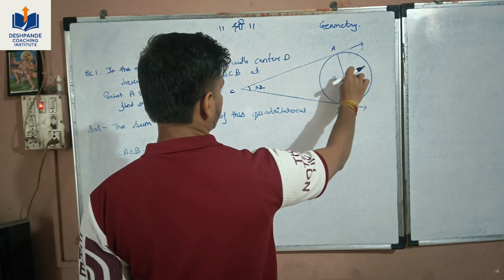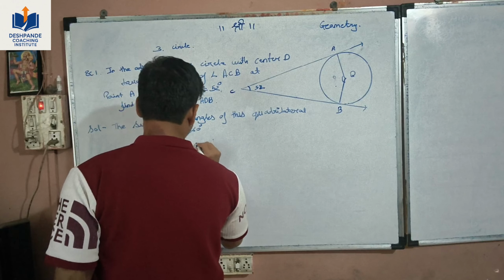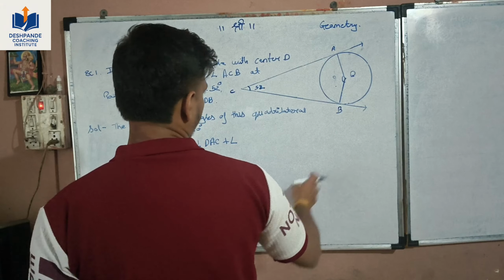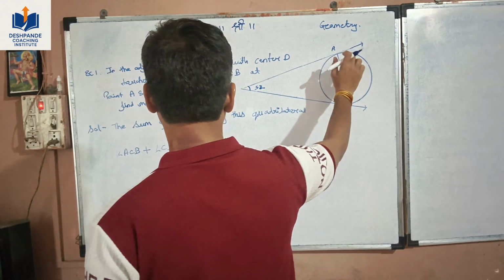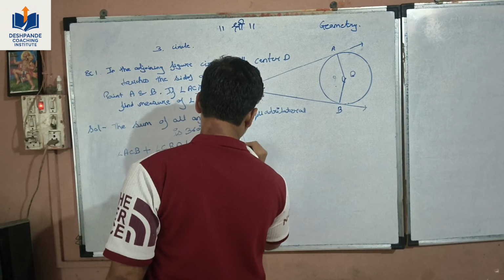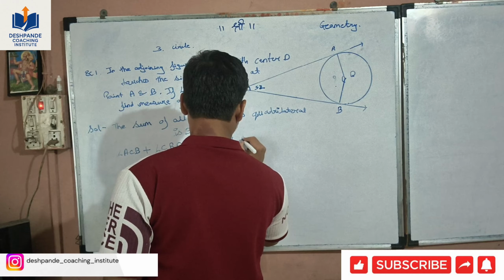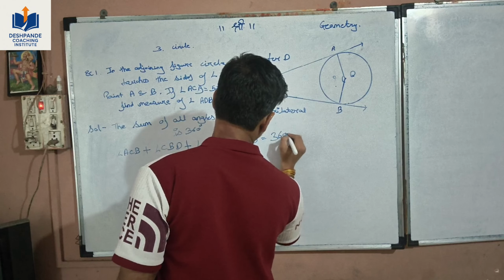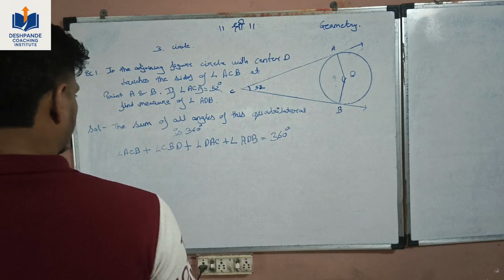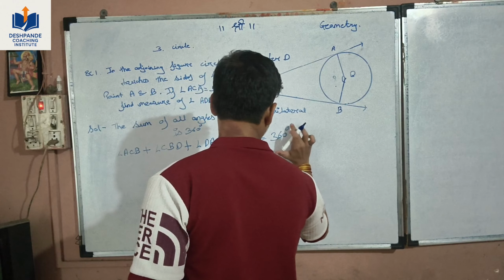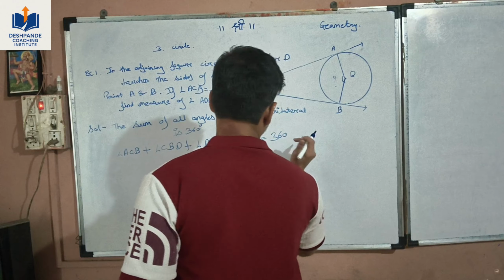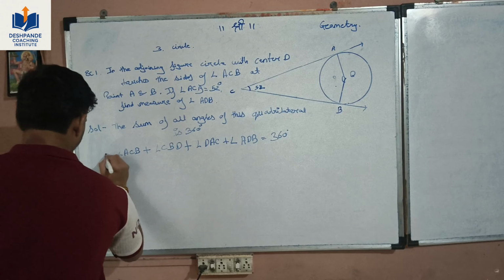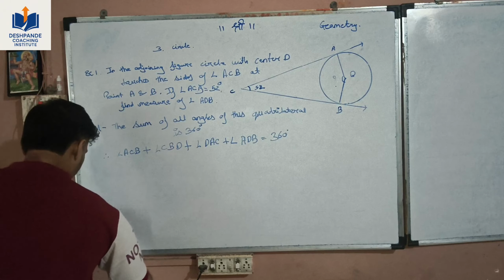The remaining angle DAC plus angle ADB, which we have to find, is equal to 360 degrees.